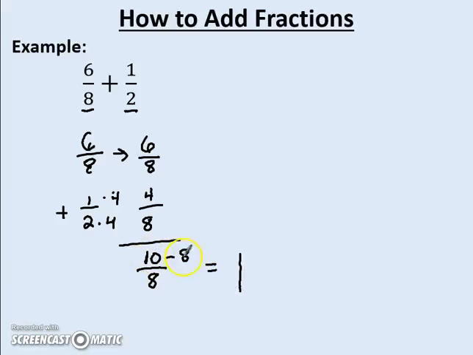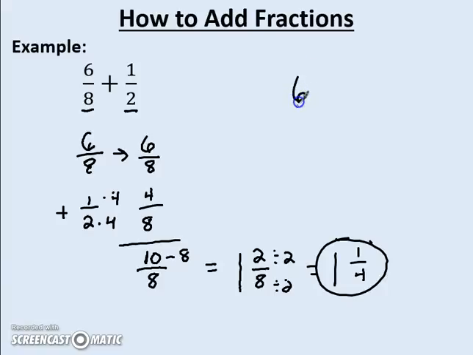And that leaves 2 pieces left, and it takes 8 pieces to make a whole. So 10/8 is the same as 1 and 2/8. 2/8 will reduce by 2 to give us 1 and 1/4. So 6/8 plus 1/2 is 1 and 1/4.